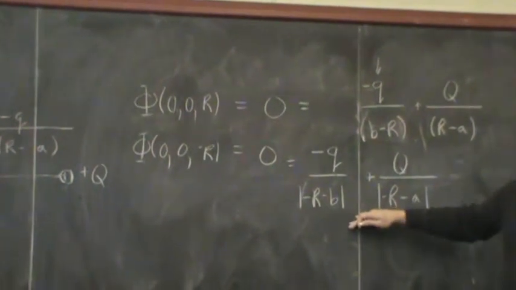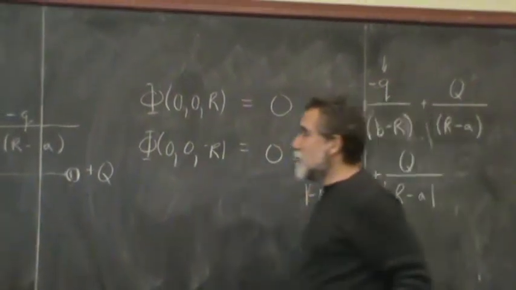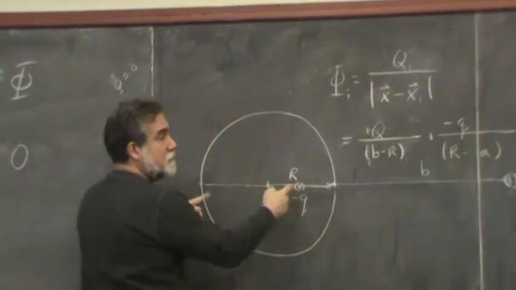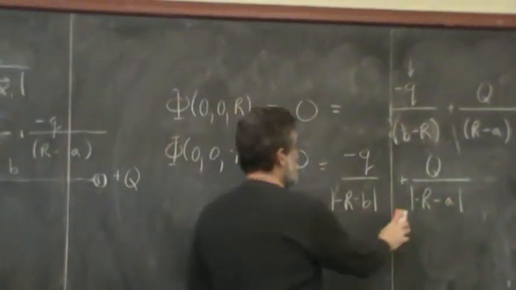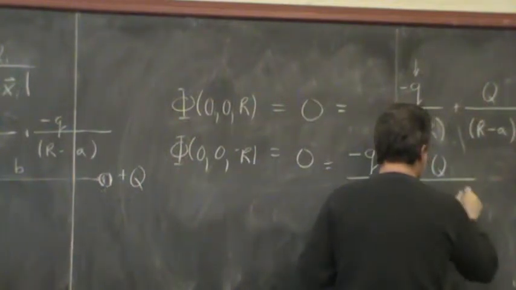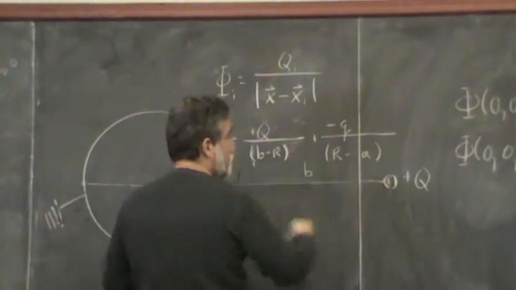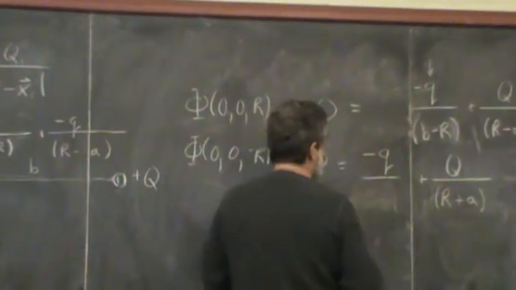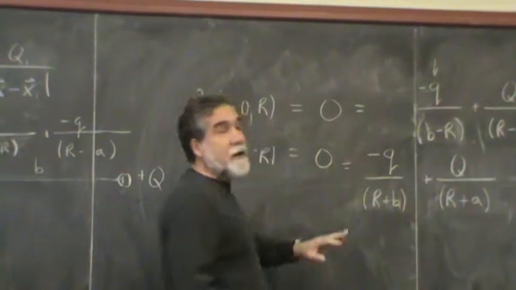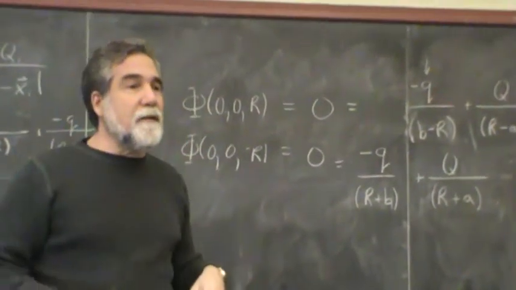Similarly, on the next part, I could look at it and say, well, what distance am I really dealing with here? I'm looking over on this side here, and this distance is R plus A. And over here, this distance is R plus B. Now I'm not worried about keeping track of absolute values, squaring things, and all of that sort of business.